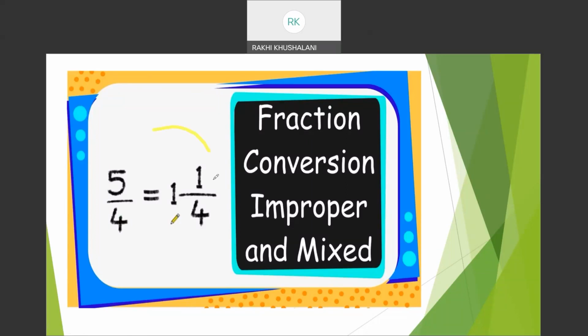That's why we have put an equal to sign here. Only the way of writing is either an improper way or a mixed way of writing. So they both are convertible to each other.